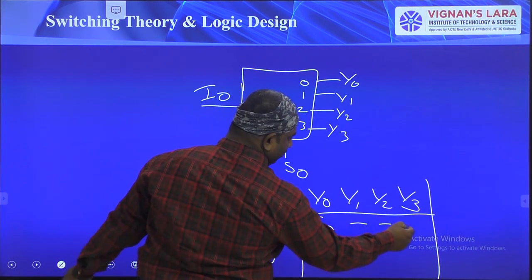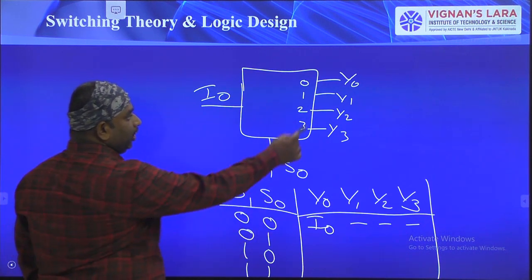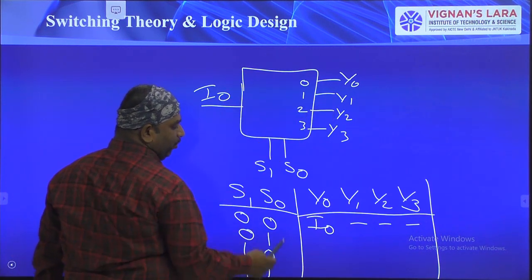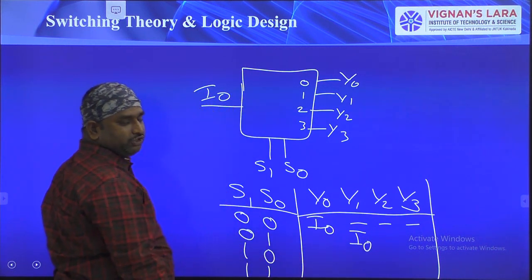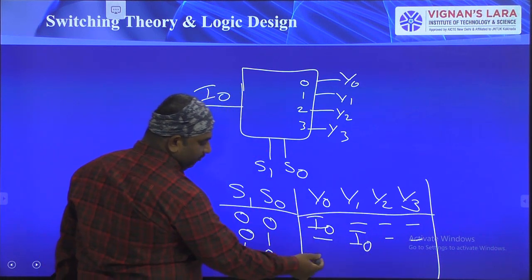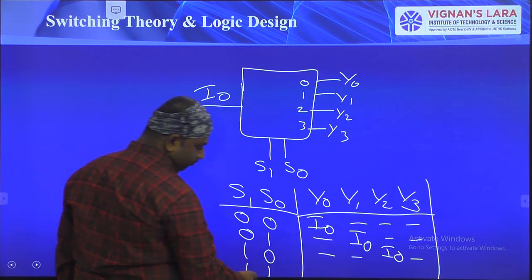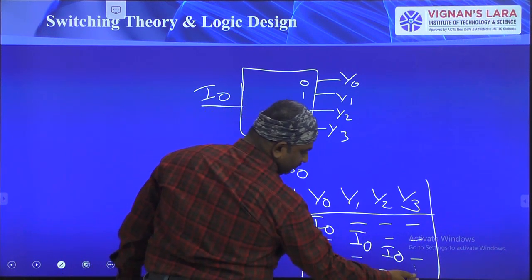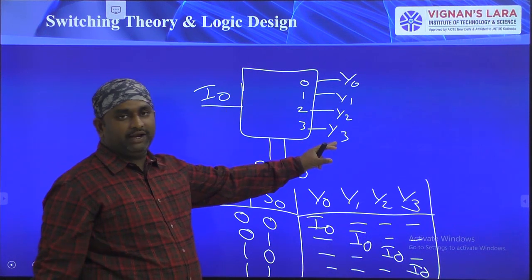Next, if you select 0 1, the input goes to Y1, that is, at the Y1 output the input information is available, and there is no information at the others. In the same way, the next input goes to Y2, and when you select 1 1, the input is available at Y3.